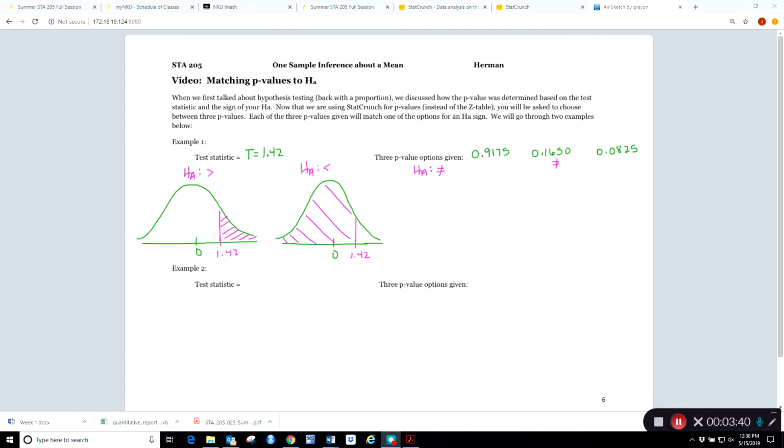And then finally, our two-tailed one, we will also put our test statistic on here. But then I didn't care if I was above the mean or below the mean, so we're also going to look at that negative 1.42, and then I would shade my outer tails. Hopefully you remember doing this from our first time of doing hypothesis testing.